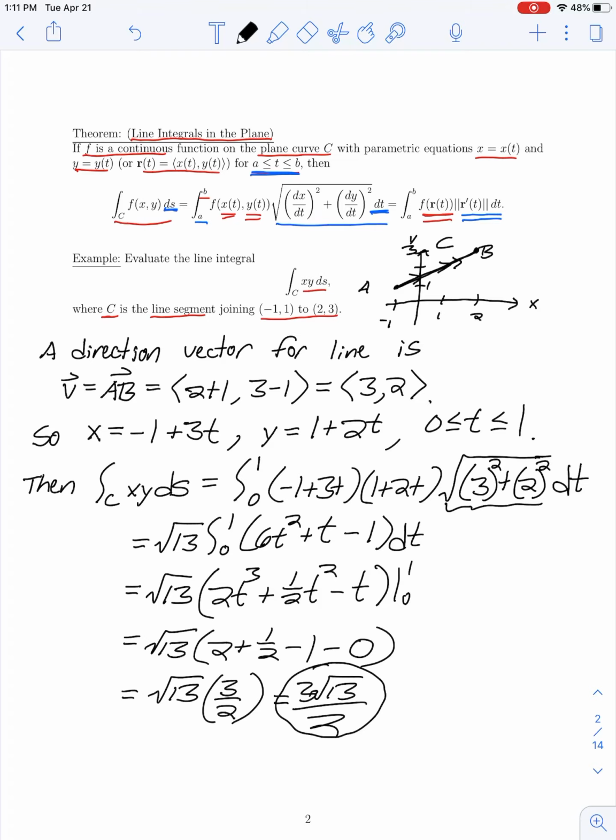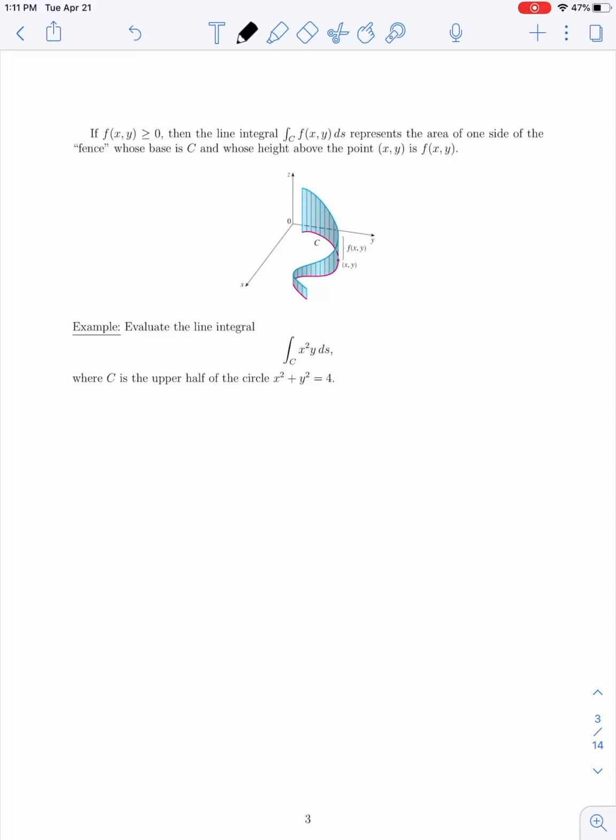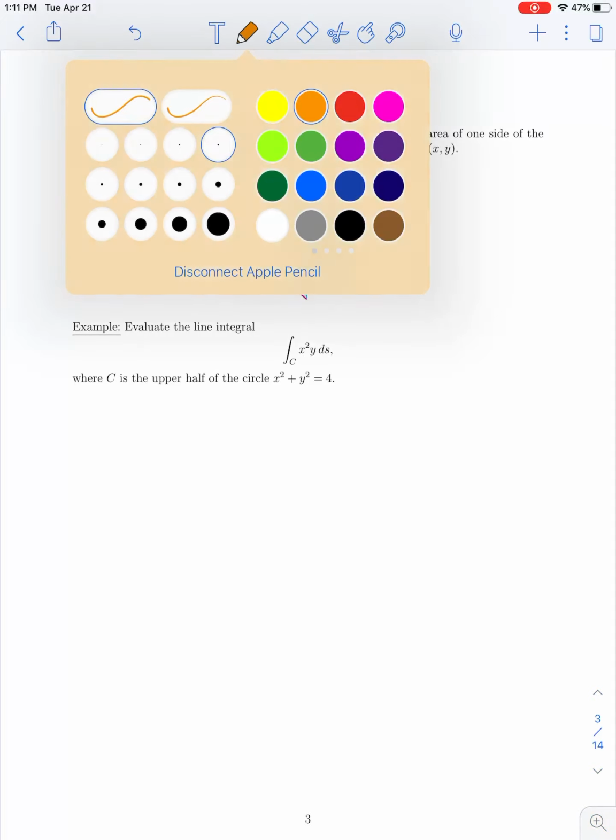So let's consider what we're finding geometrically here. What exactly does a line integral represent geometrically?